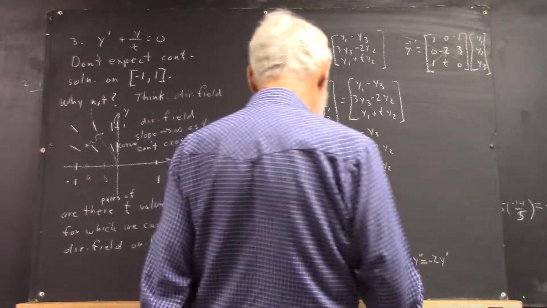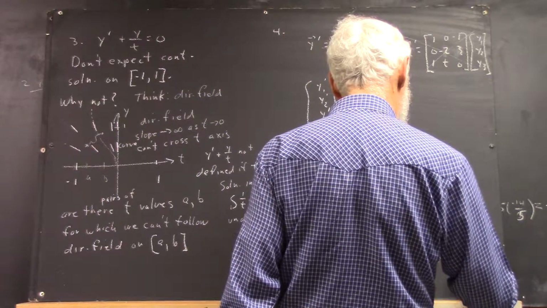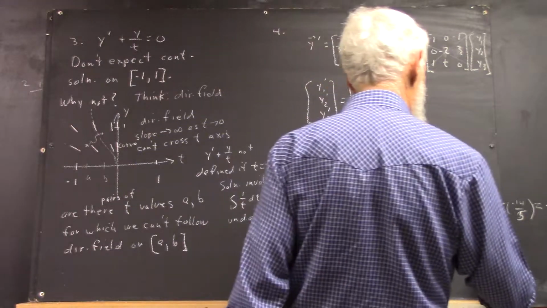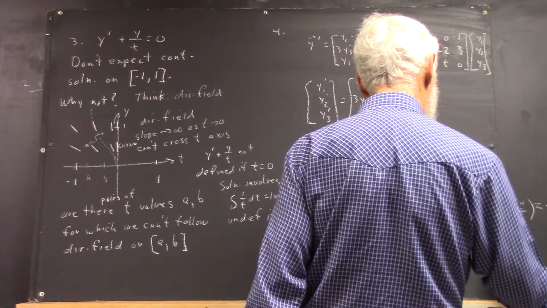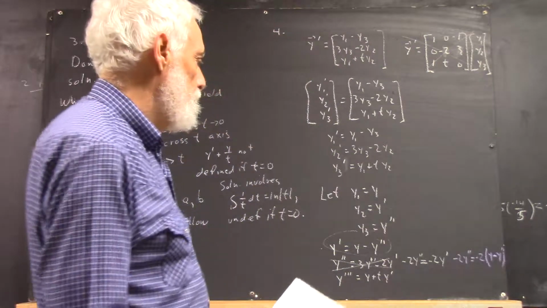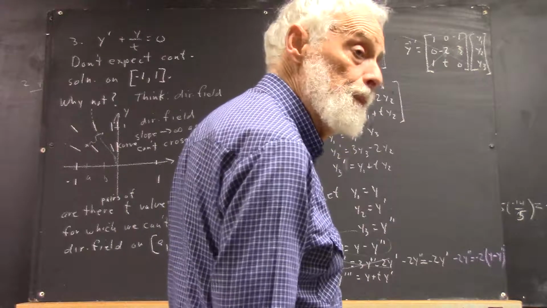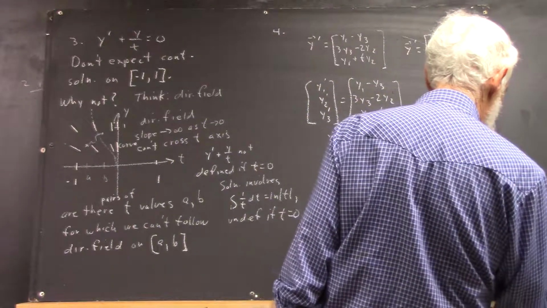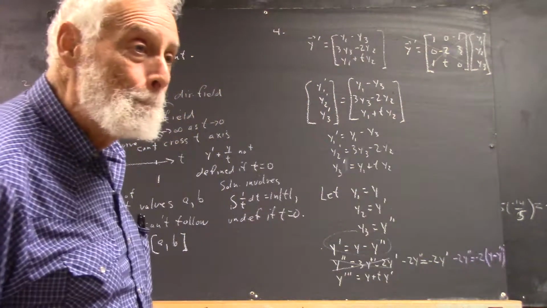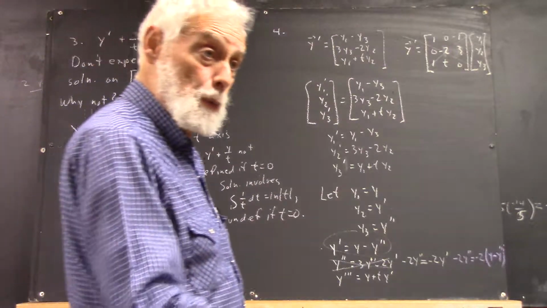So we get, replacing y prime by y minus y double prime, here we have it. Now my second prime got swallowed up by my attempt at a parenthesis on the edge of the board. Maybe that's a little clearer, but you see what we're doing, right?